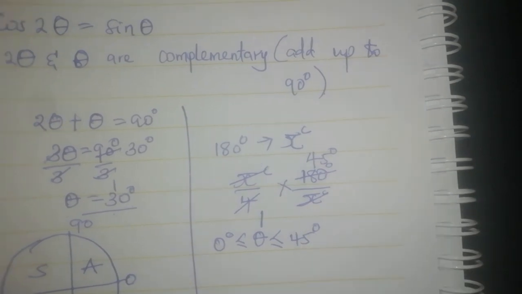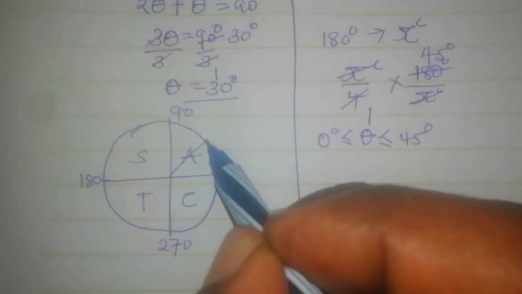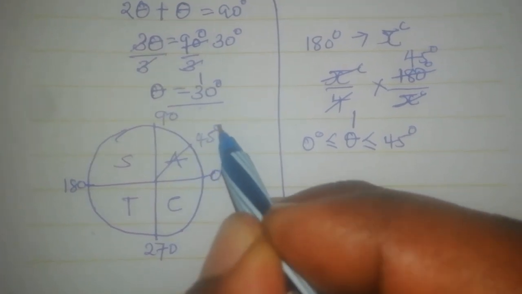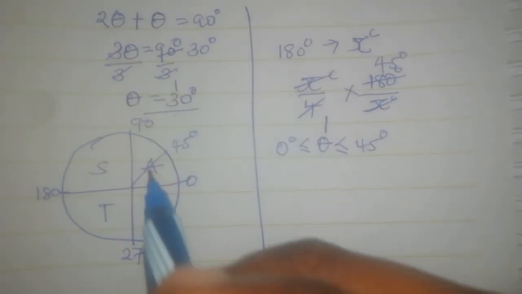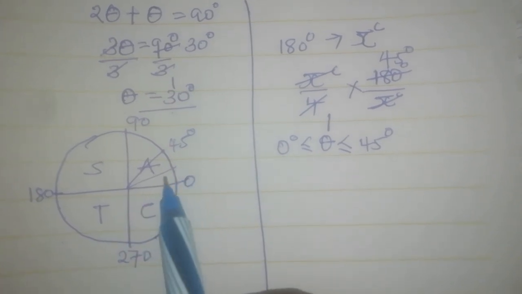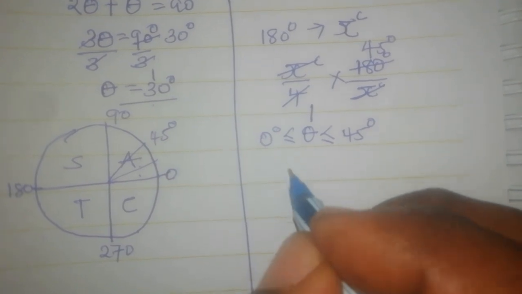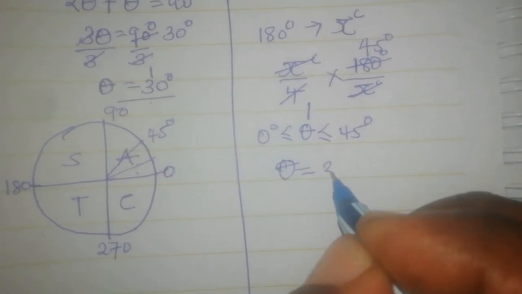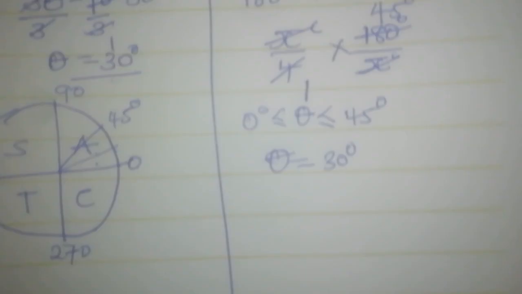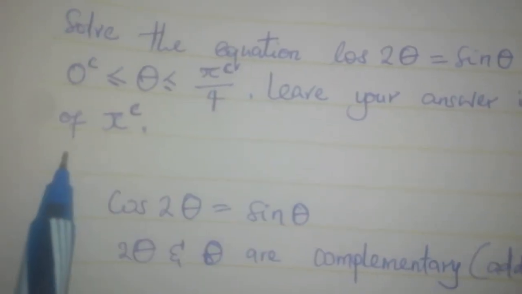45 degrees. So 45 in our unit circle is just here, somewhere there in the first quadrant. Which value of theta will satisfy that in this first quadrant? We are only going to end up with theta equal to 30 degrees. But remember, the condition is that you should leave your answer in terms of π radians.